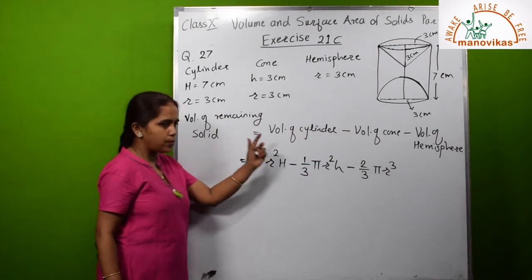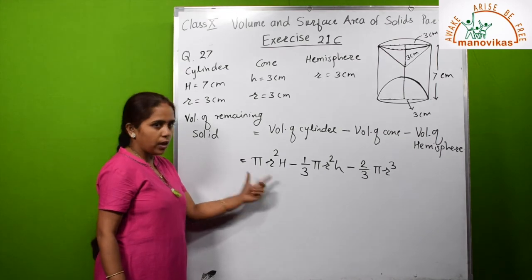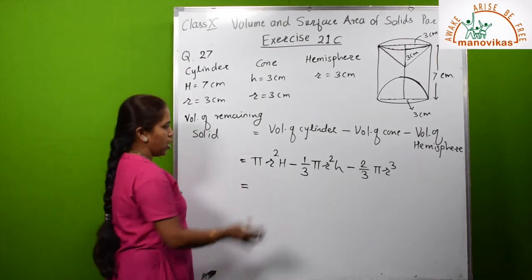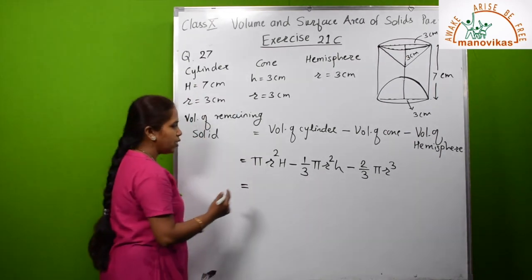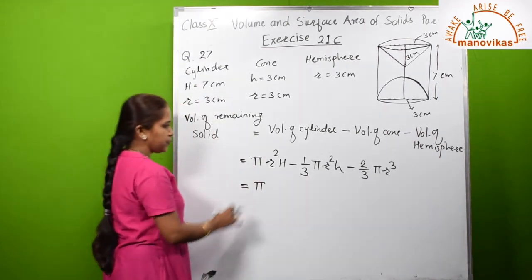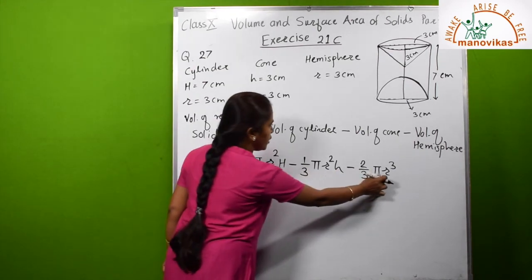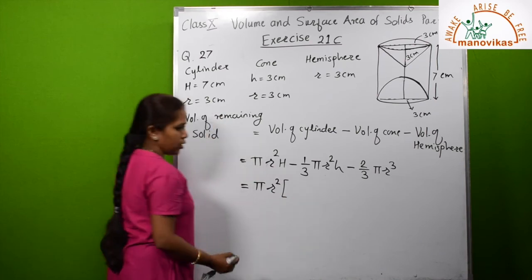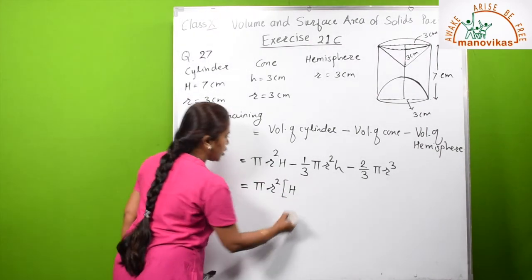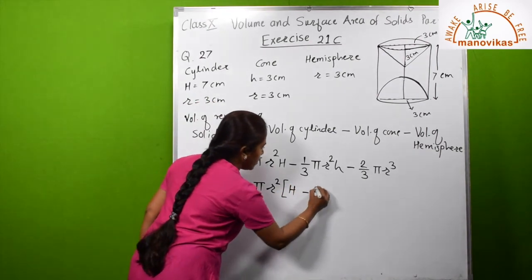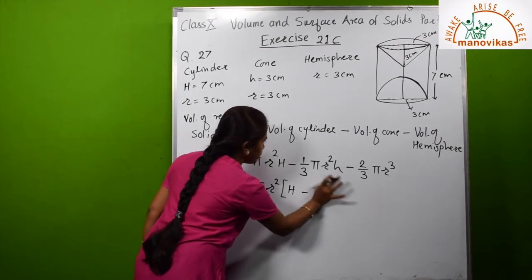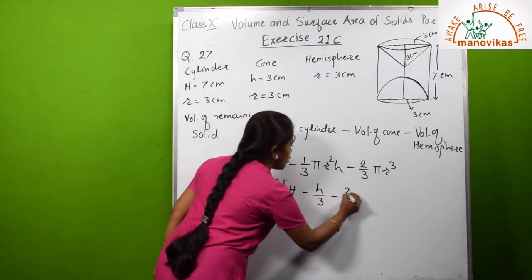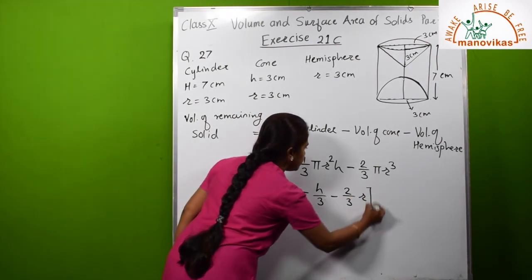First write down the terms and then formula and then substitute the values. Now from this we can take first only pi is common. Here r square and here r cube. So we can take r square from each term. What will remain? H, capital H, minus small h by 3 minus 2/3 of r.